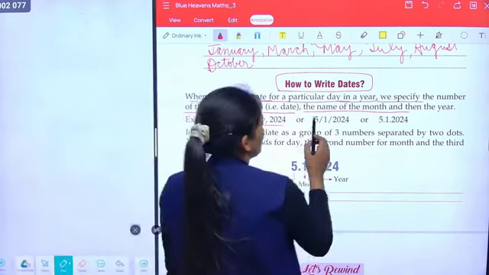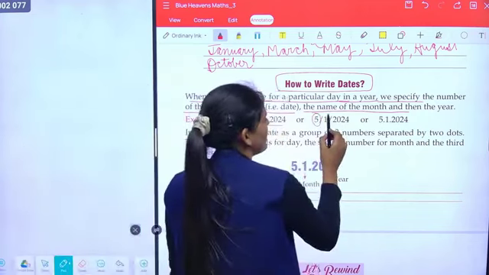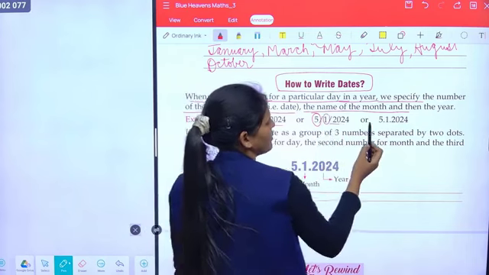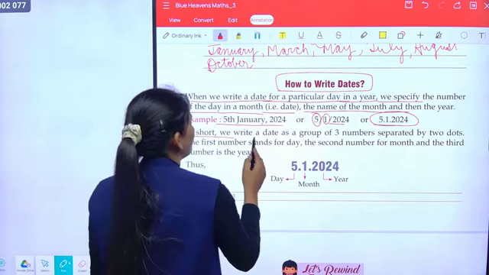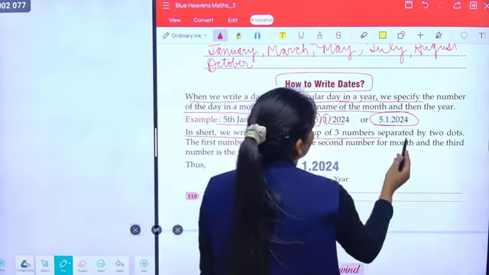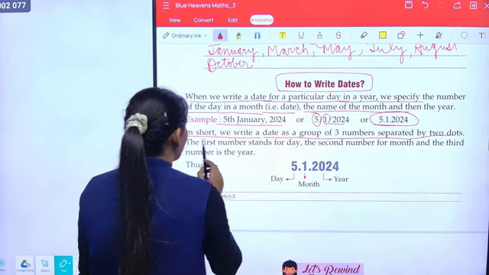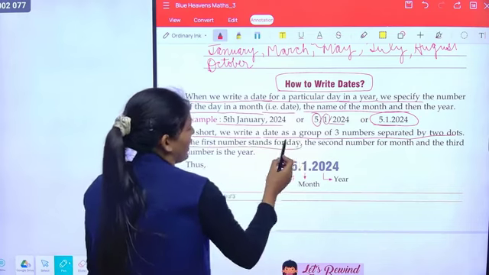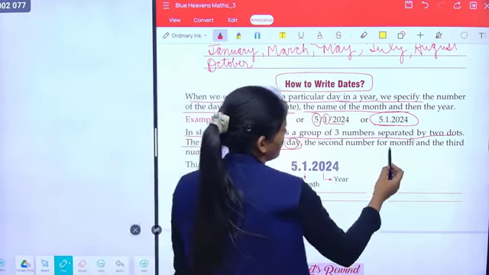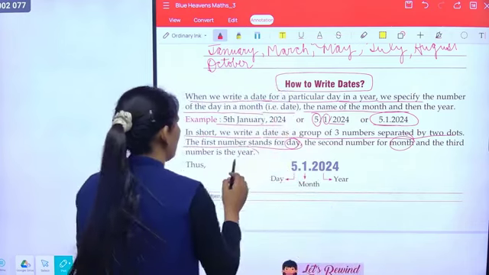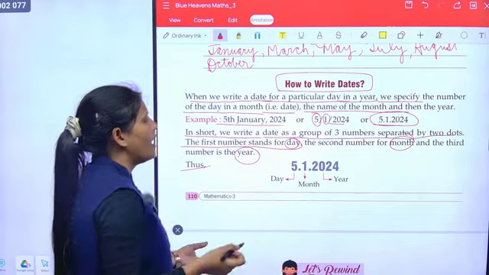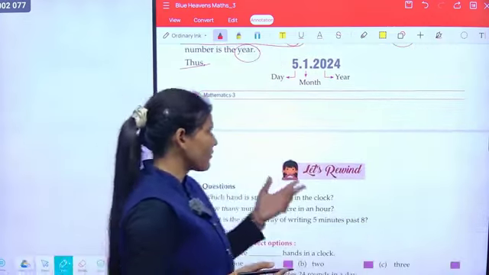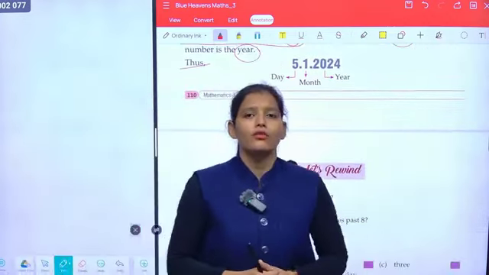In short form, we write a date as a group of 3 numbers separated by 2 dots. The first number stands for day, second for the month, third number for the year. Thus, day, month and year. Understood class? I hope you all have understood very well.